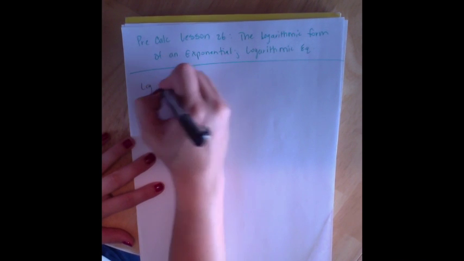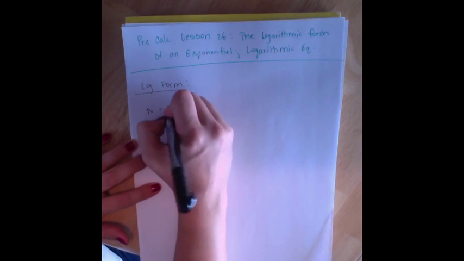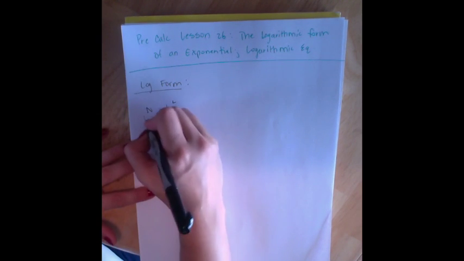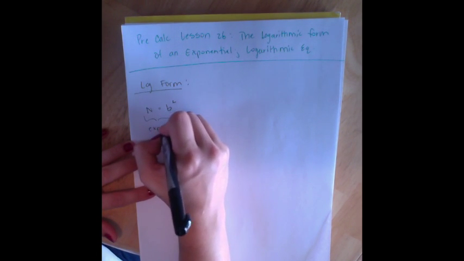So, let's jump into it. Log form. If we have n equals b to the L, this is exponential form.